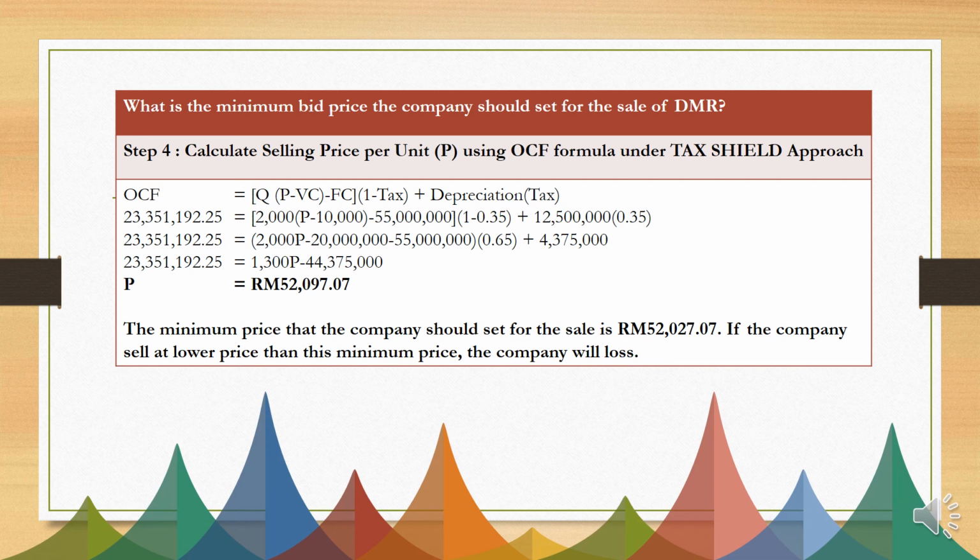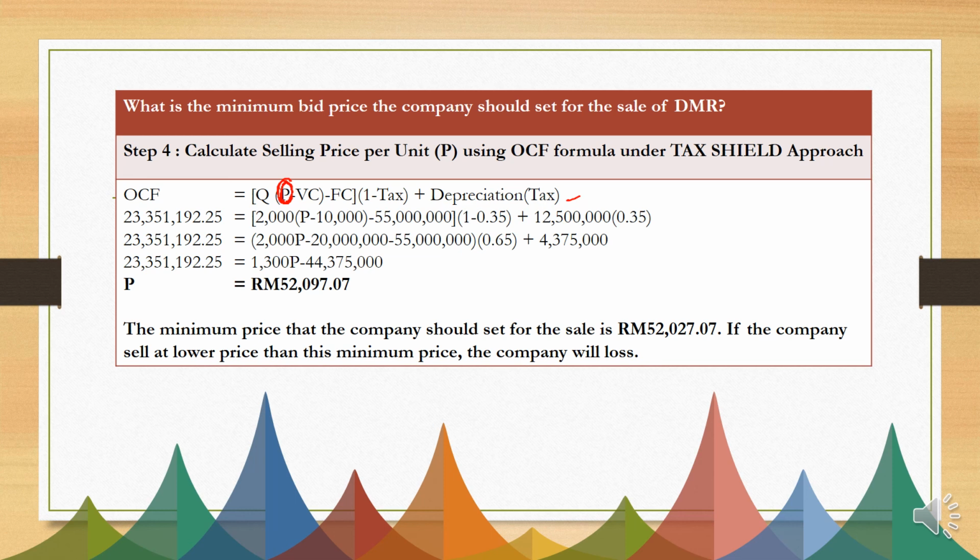For the last step, step number 4, you will calculate the selling price per unit, which is P, by using the OCF formula under the tax shield approach. Based on the formula of OCF, you will find the amount of P, because P represents the selling price per unit.